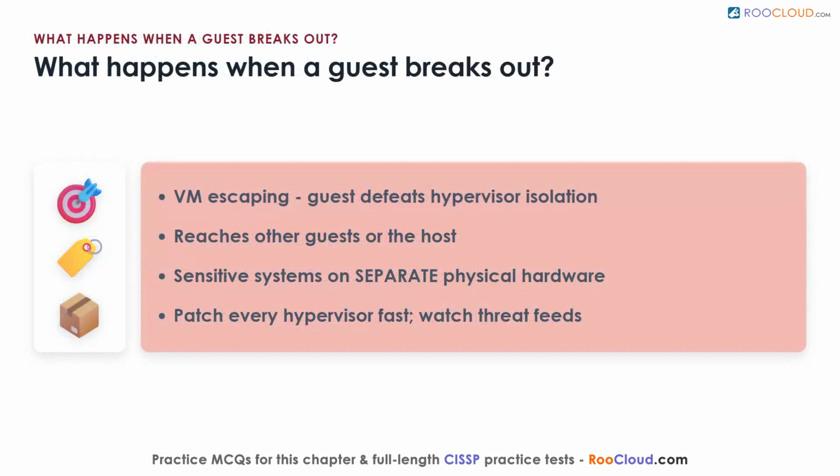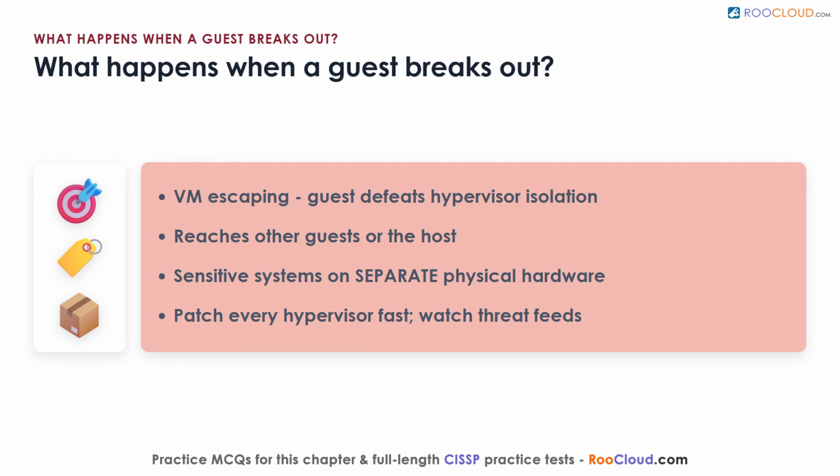What happens when a guest breaks out of its box? That is VM escaping. Software inside one guest defeats the isolation the hypervisor is supposed to enforce, reaching into other guests or the host itself. A well-known flaw exploited a shared virtual floppy driver to let malicious code jump between machines. The consequences can be severe, so defend in layers.